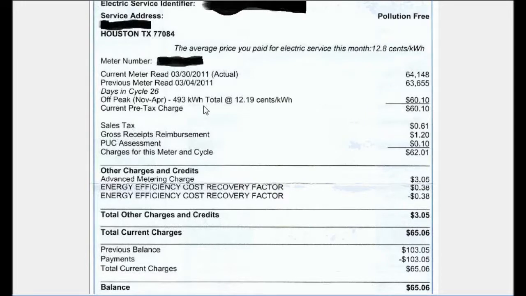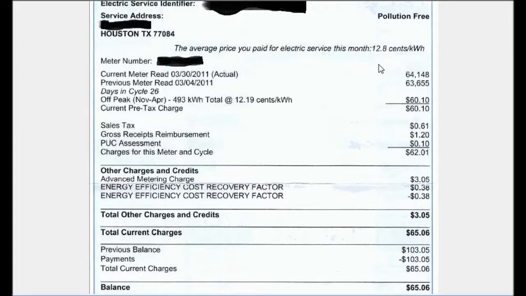Now, one thing to note is there are some utility companies that don't give you the average price you paid for power. In that case, you need to take the total that you paid for the bill, which in my case was $65.06, divide that by 493 kilowatt hours, and that will give you your cents per kilowatt hour.